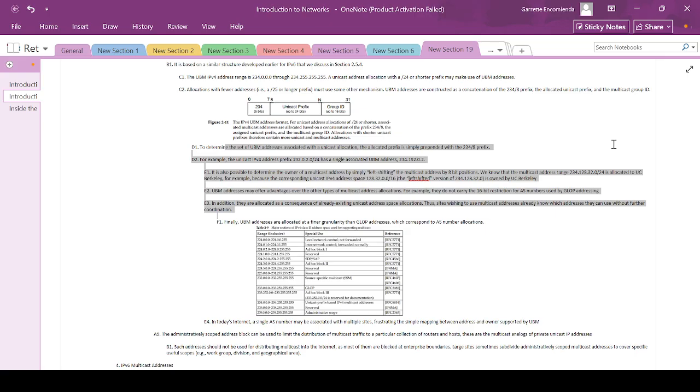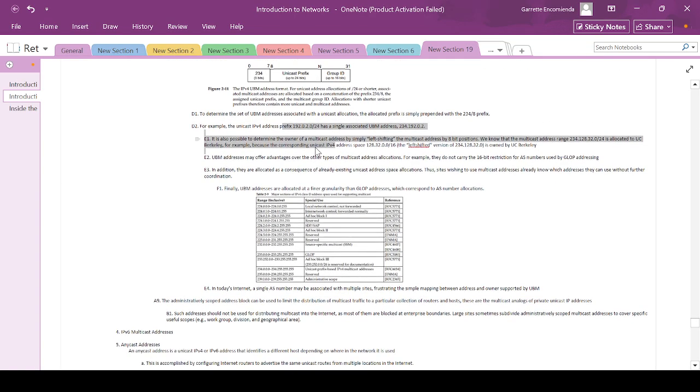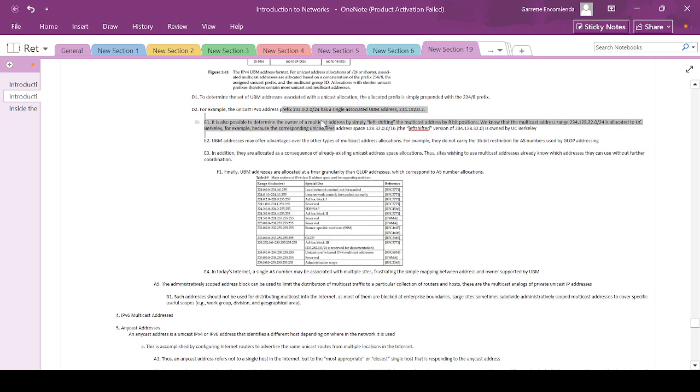So for you to know the UBM multicast associated with this unicast address, you just need to prepend this 234/8 prefix. For example, the unicast IPv4 prefix 192.0.2.0/24 has a single associated UBM address, 234.192.0.2.